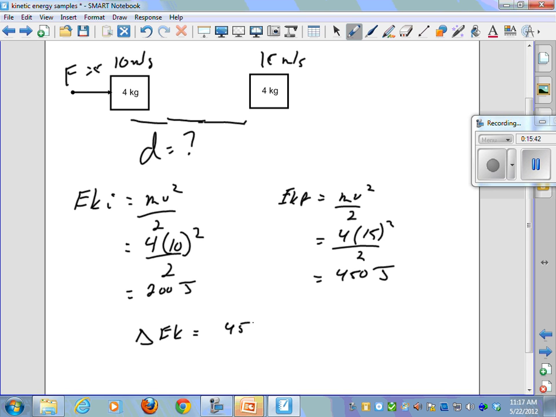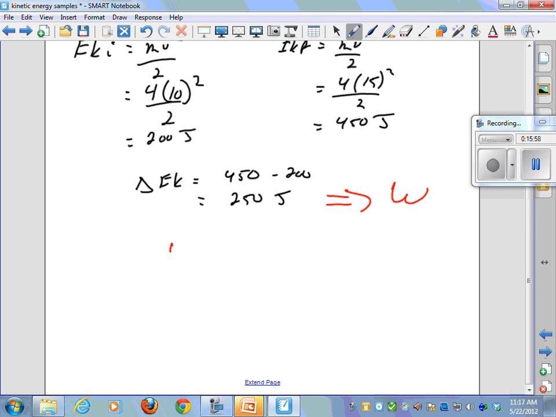Yeah, 450 minus 200, or 250 joules. I changed my kinetic energy by 250 joules, which is equal to my work done. That's how much work I had to do. So work equals FD, 250. The force is 5 newtons. Solve for D, 50 meters. There you have it.